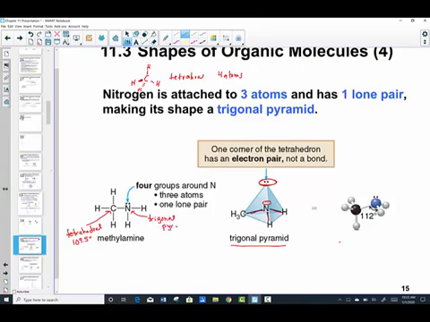And that means that it's got a little bit less of a bond angle, about 107. Just a little bit smaller because these electrons, this big cloud of electrons, actually take more space than an atom would, and therefore reduce the bond angles between the hydrogens, shoving them down a little bit. So three atoms and one lone pair is known as trigonal pyramid.